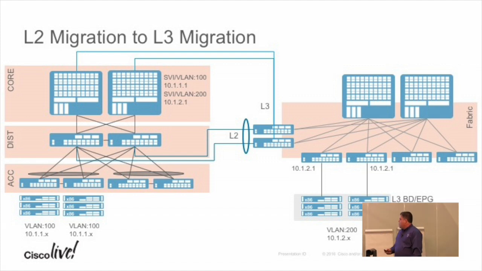Once we get to that point and we actually get this in there, we can migrate that SVI into the fabric. And now we get the full benefits of ACI, because we can incorporate ARP suppression and anycast gateway functionality, meaning that every leaf will start answering for the policy that is on it.